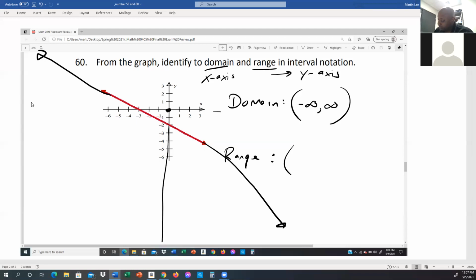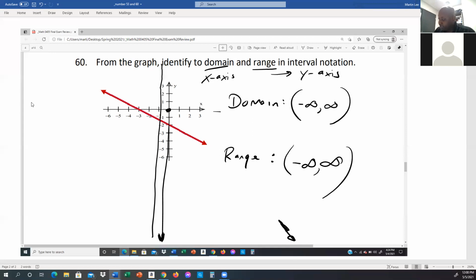As I go down here, this graph is going to continue going down to negative infinity. So negative infinity. I turn around and go back up. Okay, I start going in the positive y direction. Well, the graph is still going on and on and on to positive infinity. So for 60, my domain and range are both from negative infinity to positive infinity.